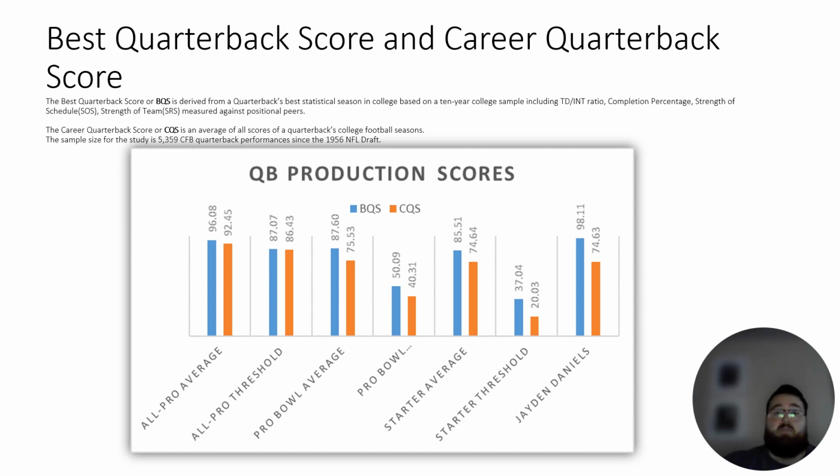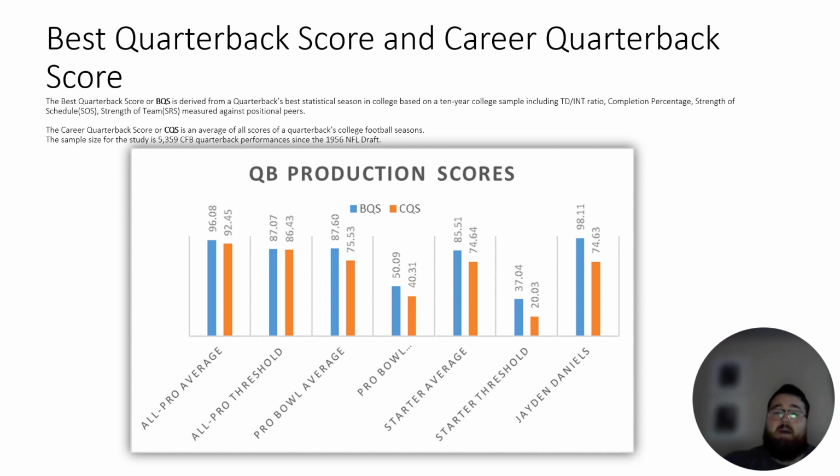It's like getting an A+. You look at the All-Pro threshold. So excluding outliers, though, the threshold for All-Pro quarterbacks, which is at least 3 first team All-Pro considerations in their career, is 87.07 out of 100.